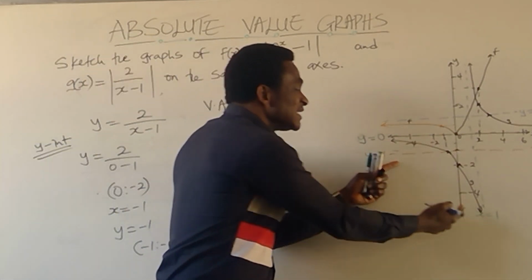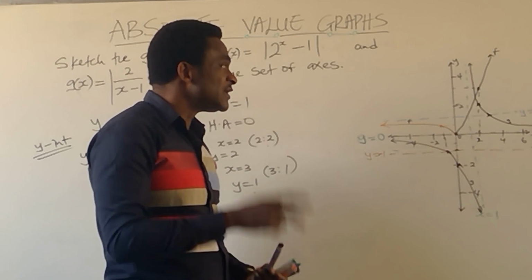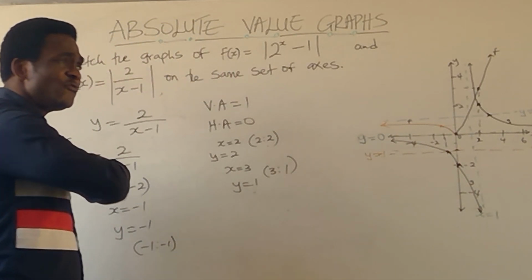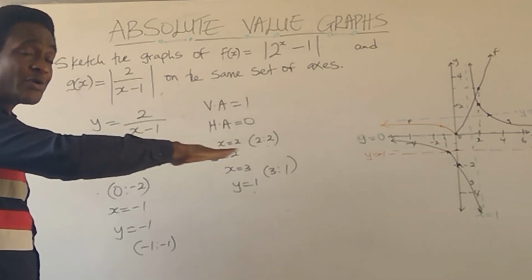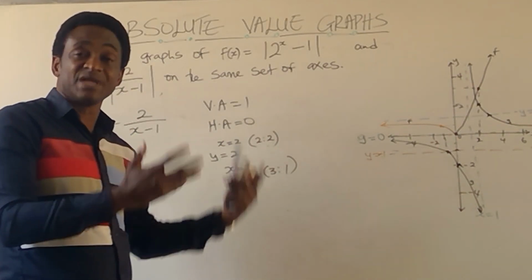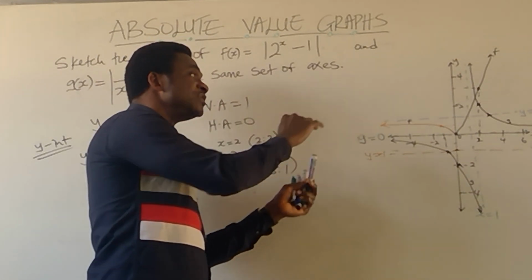What do we reflect? We reflect two things: our vertical asymptote, and our horizontal asymptote, which is 0, so it stays the same. And we also reflect everything on the negative to the positive.